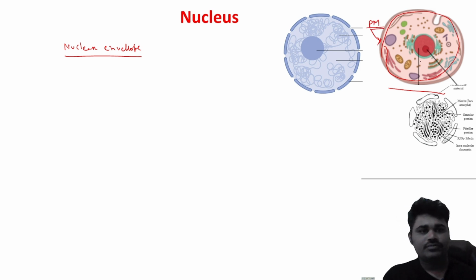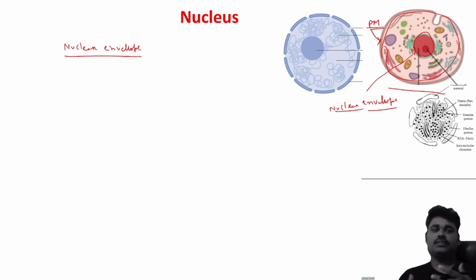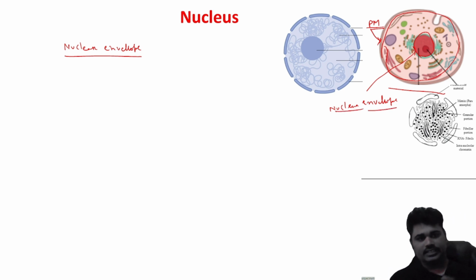Like that, the nucleus is also surrounded by a membrane, and this membrane is called the nuclear envelope. Just as in the cell the plasma membrane is present, in the nucleus the plasma membrane of the nucleus is called the nuclear envelope.